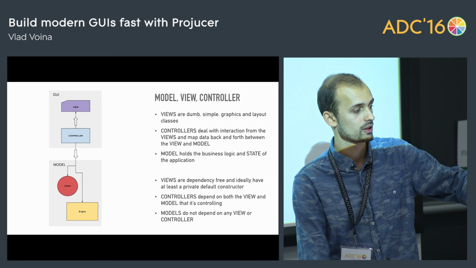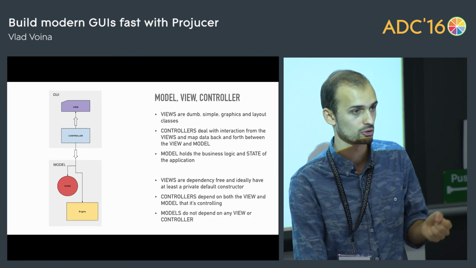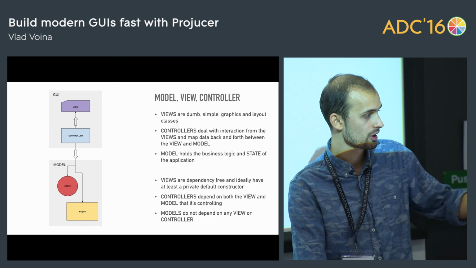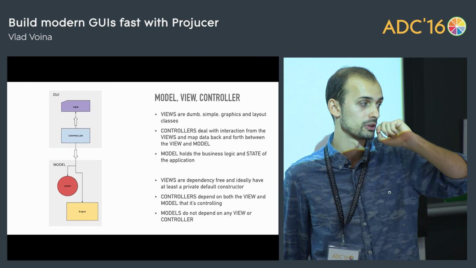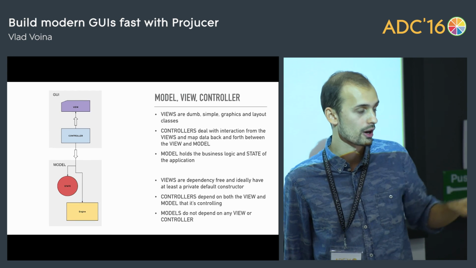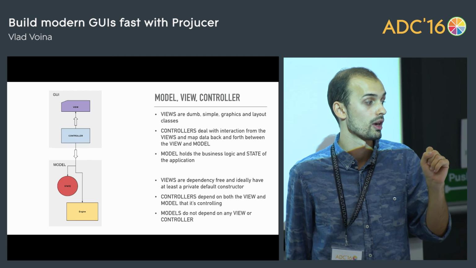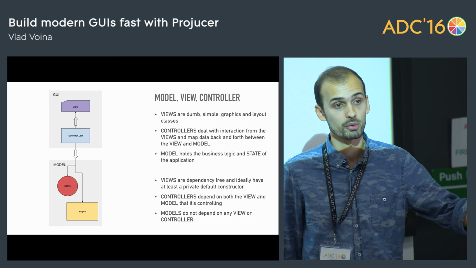So have that there, and then have controllers to deal with the interaction, so all the clicks and stuff that will interact with your model. And something really important to note there is the controller. If you look at the diagram on the left, the controller depends on the view, so the arrow represents a depends-on relationship. And the controller also depends on the model, which means the model is independent.